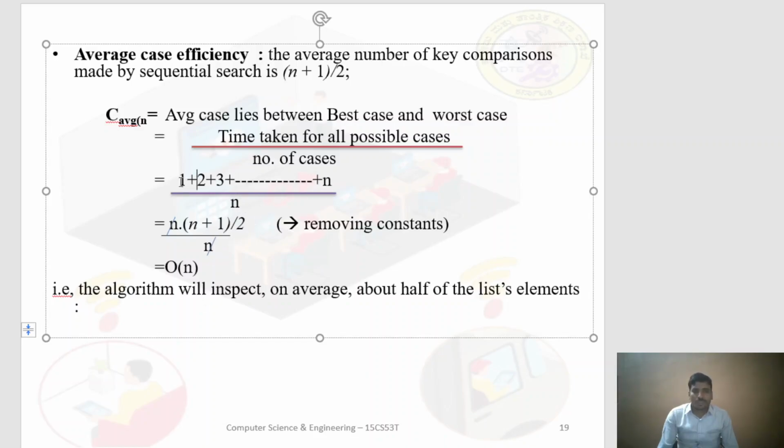So in the numerator expression, as it is a summation expression, we know the formula of this expression, which is n into n plus 1 divided by 2, whole divided by n. So here n gets cancelled. What remains? n plus 1 by 2. Here we remove the constant terms for the average case, which is going to be big O of n. Okay students, so the average case efficiency of linear search is what? Which is also a linear function, that is big O of n.